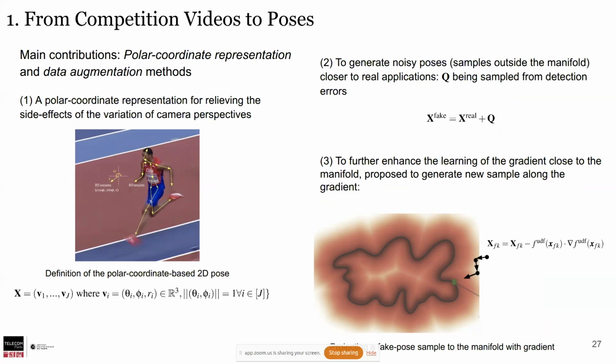The main contribution in this work is that we proposed a polar coordinate representation and data augmentation methods to facilitate the training of this 2D pose prior. The polar coordinate representation is shown in the left figure. It's actually very simple.